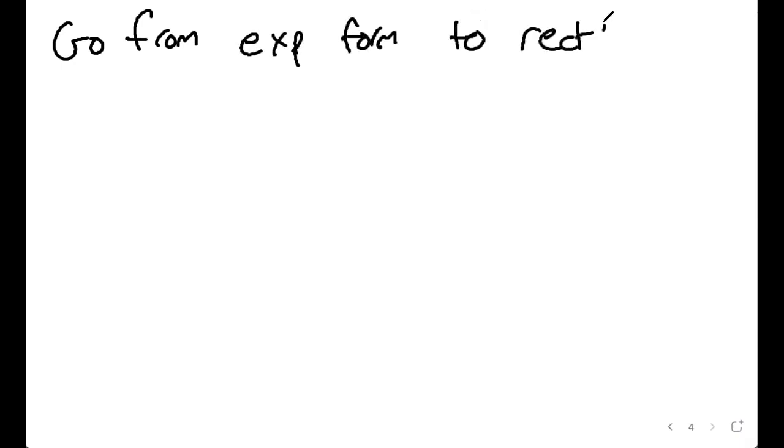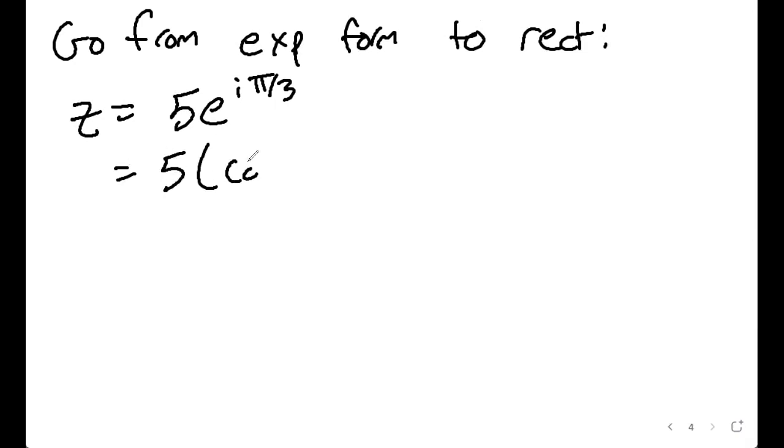Let's do one last example. Let's go from exponential form to rectangular form. If I were to give you z is equal to 5 e to the i pi over 3, we could write this as z is equal to 5 times cosine of pi over 3 plus i sine of pi over 3.